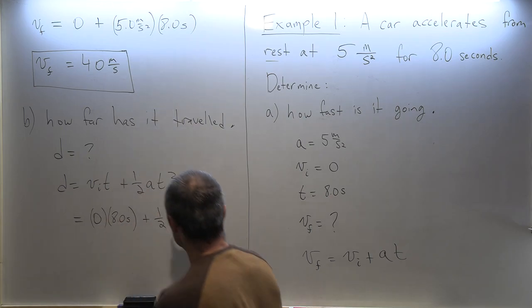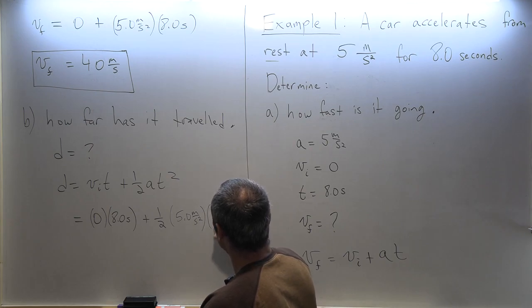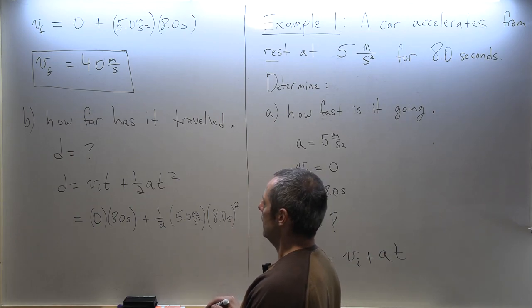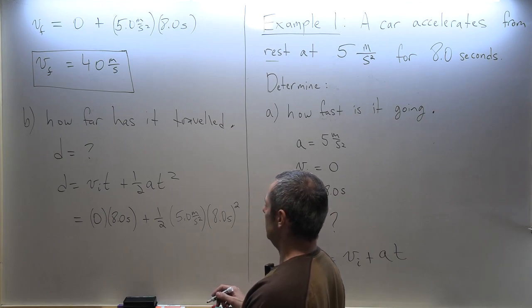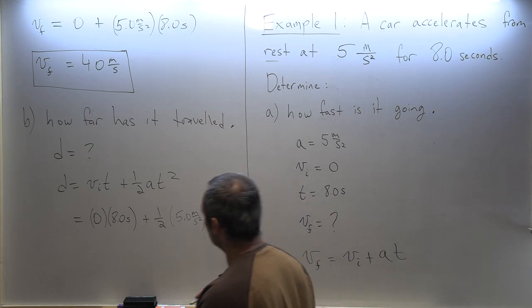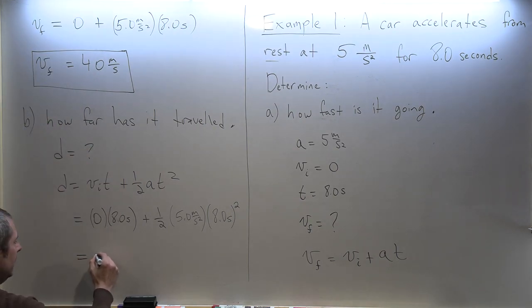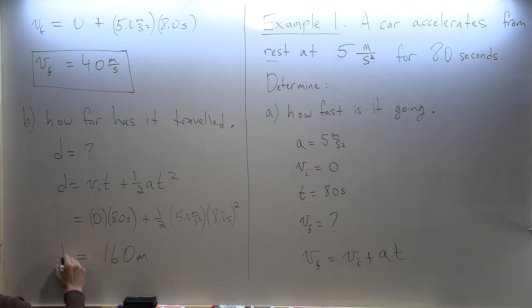The acceleration is 5, times 8.0 seconds squared. Okay? So this part of the formula is 0. So we just have 1/2 AT squared, which is 160 meters, I believe. Just doing it in my head. Maybe I made a mistake. I don't know, but you would crunch it on your calculator.